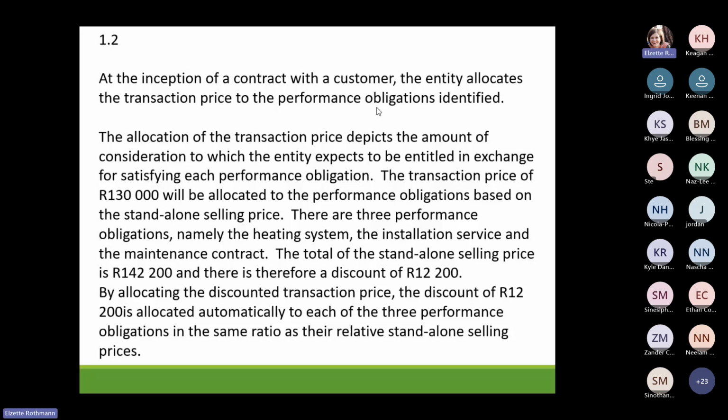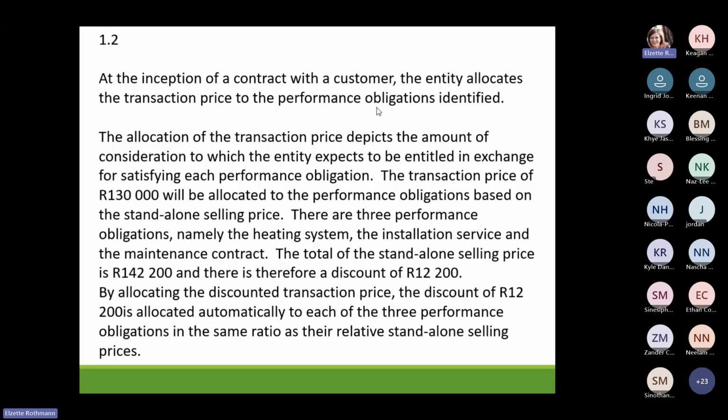We took the transaction price, the 130,000, and we allocated that to the three obligations that we had. We had the system, we had the installation, and we had the maintenance plan. Okay, so think about your calculations, and from what you are doing there, just give it in words as well.